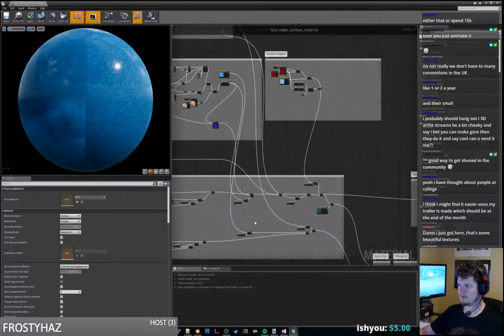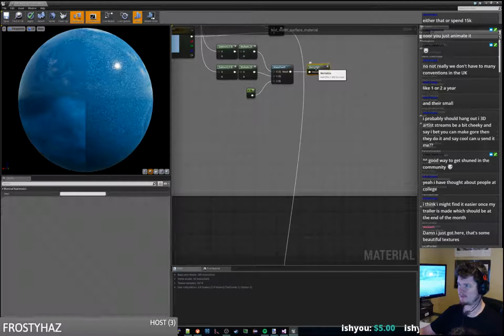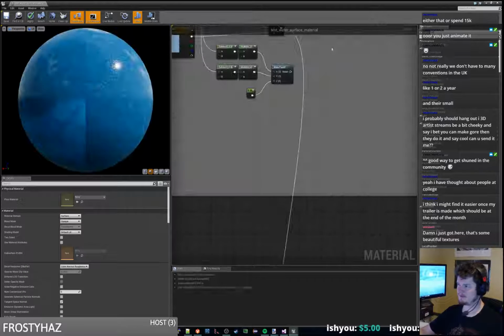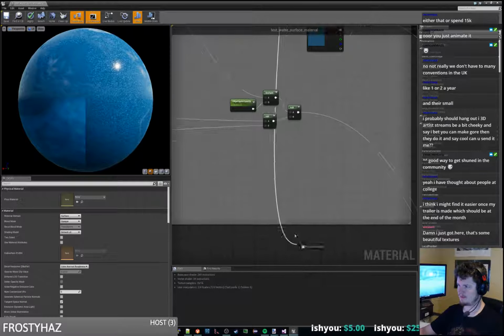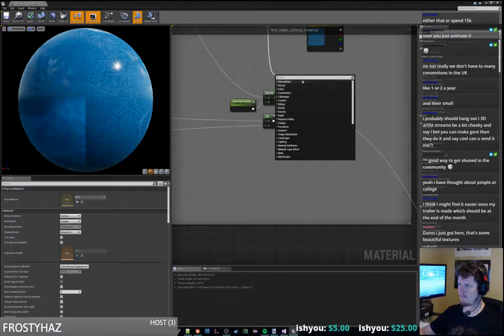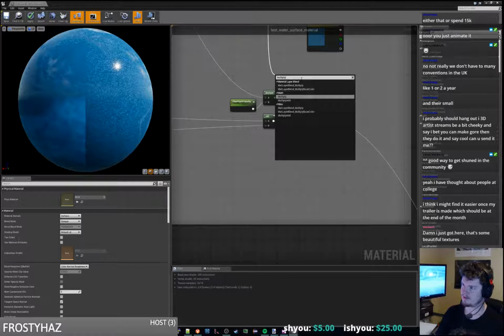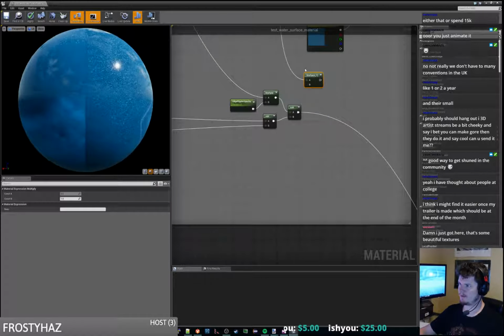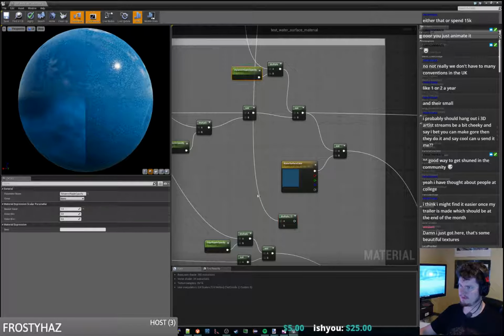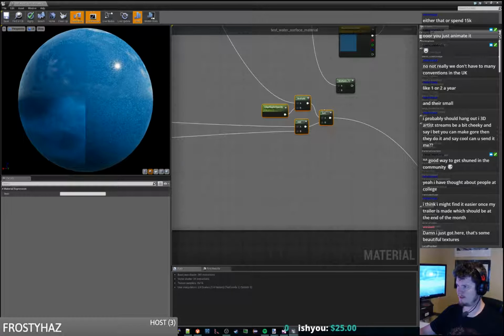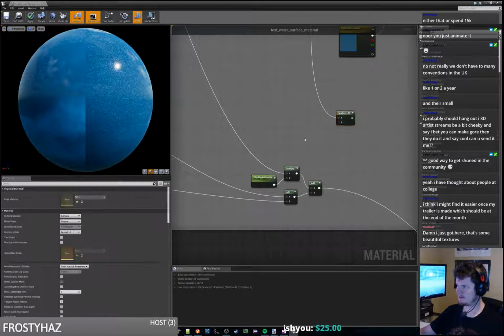This is our normal. We don't even need to normalize this, we can just add it and see what happens. So let's multiply this normal by our opacity for our ripples, and then add it into our normals as we do everything else.